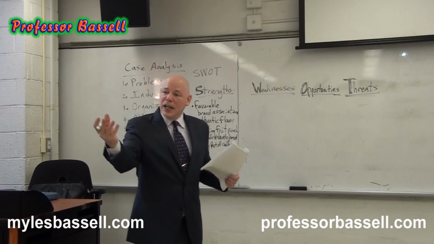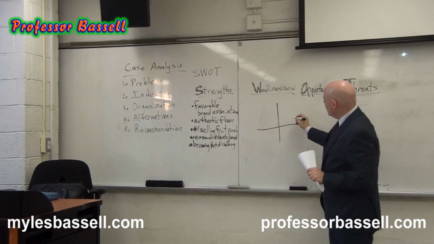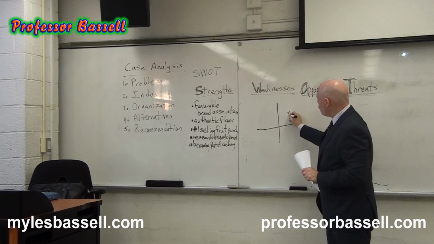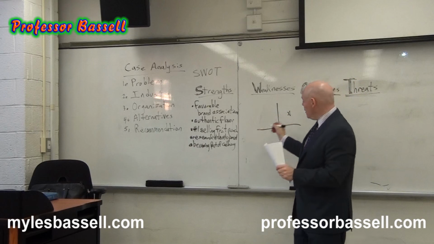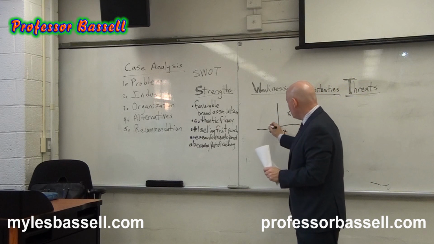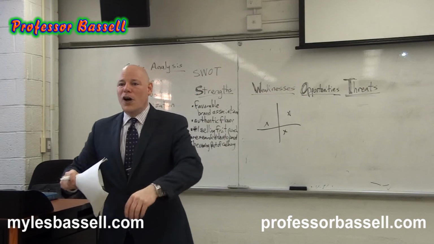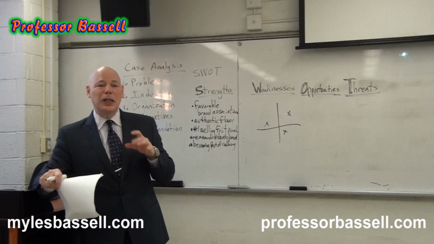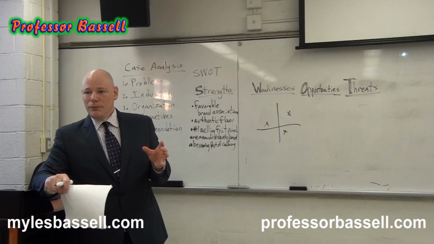So remember we looked at a perceptual map? On a perceptual map, either we're positioned here or we're not. You can't be positioned here and also there. Our positioning needs to be crystal clear in the mind of the consumer, in this case.